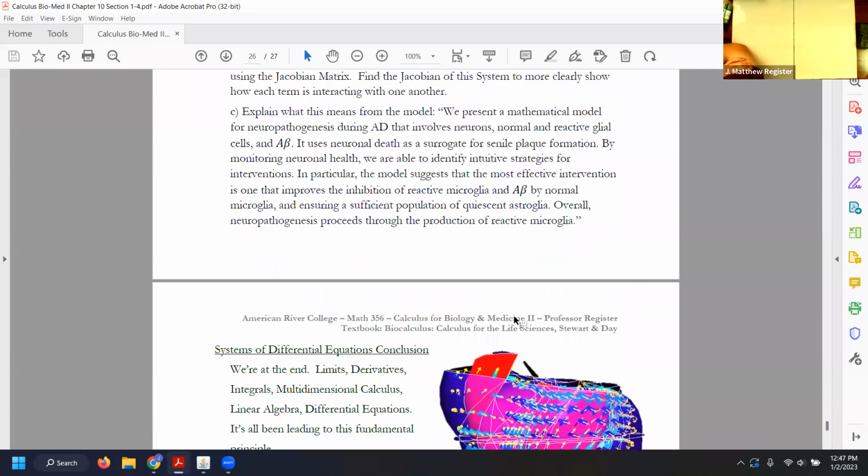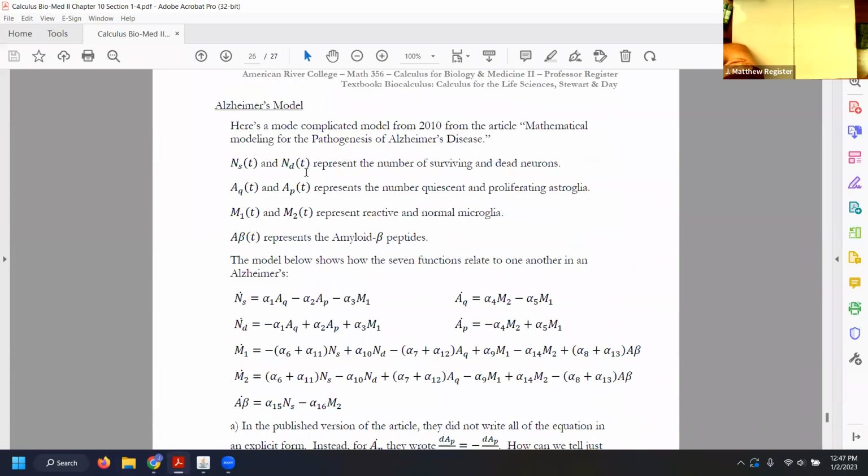This final example that we'll briefly talk about is an Alzheimer's model. We'll only briefly talk about it because I'm not as up to date on this model as the other two. Here's a more complicated model from 2010, from the article Mathematical Modeling for Pathogenesis of Alzheimer's Disease. We have N sub S and N sub D, which represent the number of surviving and dead neurons.